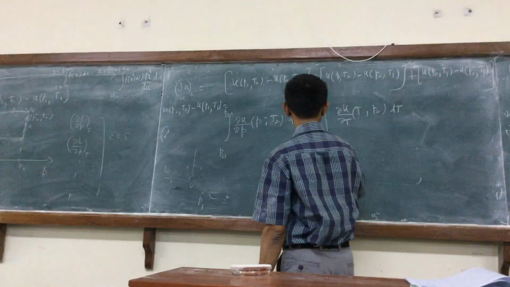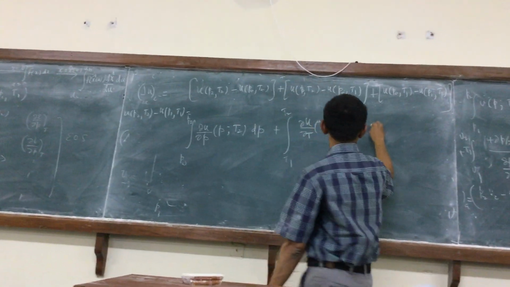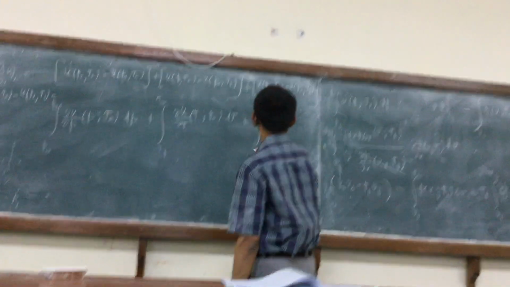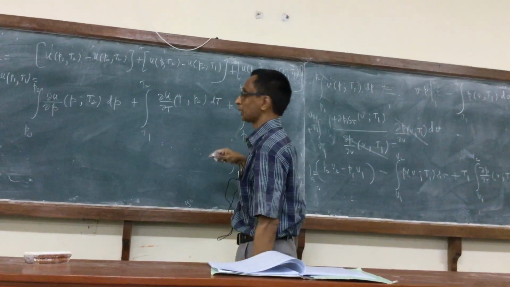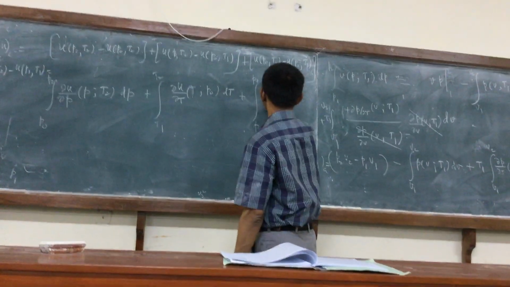Now this would be from P1 to P2, and then I have plus the integral from P1, or I can make it minus P naught to P1 of du by dt.